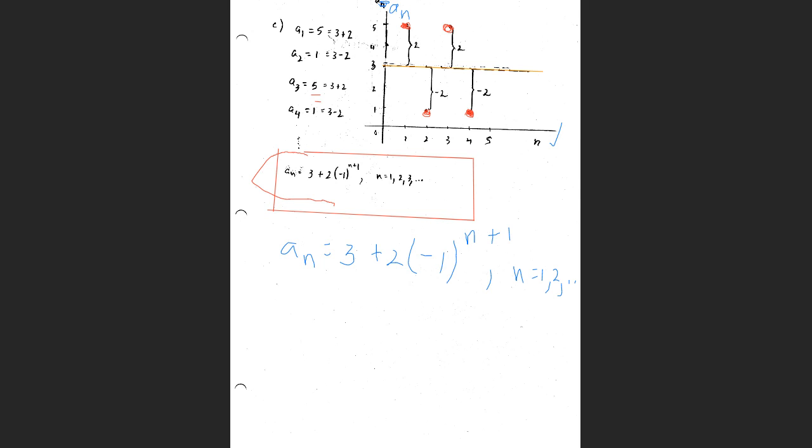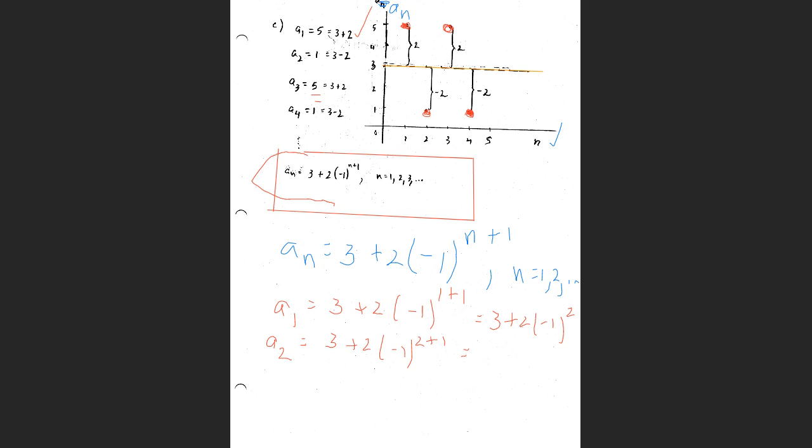So if we use that formula, we've got to check to make sure the formula works. A sub 1 would be 3 plus 2 times negative 1 to the 1 plus 1 power. That's the same as 3 plus 2 times negative 1 squared. Well, that gives you positive 5, so that checks out. A sub 2 would be 3 plus 2 times negative 1 to the 2 plus 1 power.